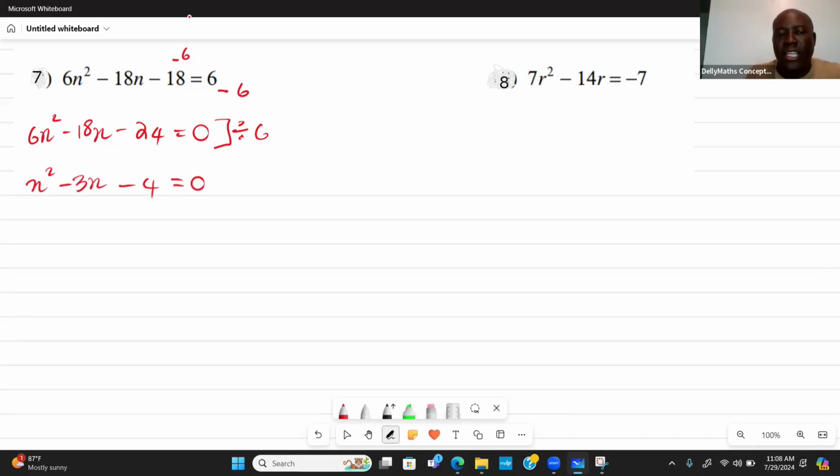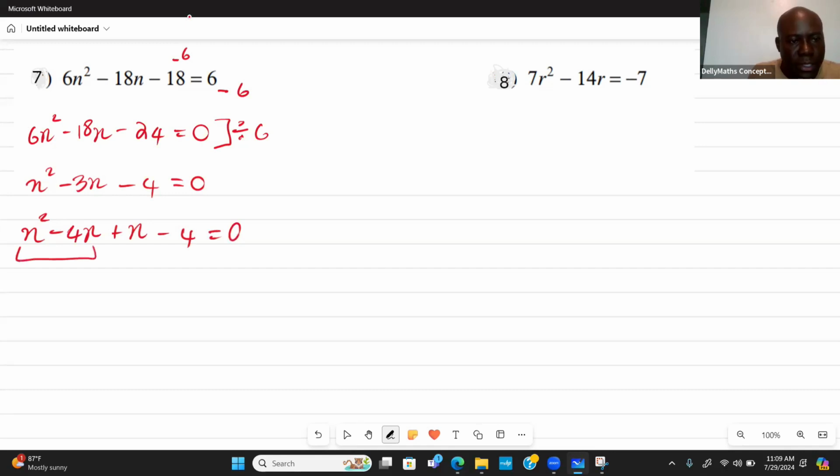And then this factorization here, as you could see, can be done quite easily. So if we factorize this easily, we're looking at n squared with a minus 4n with a plus n minus 4, and this is equal to 0.